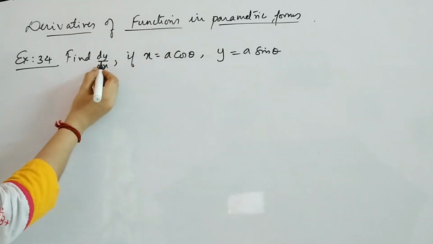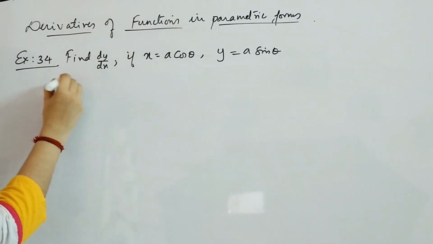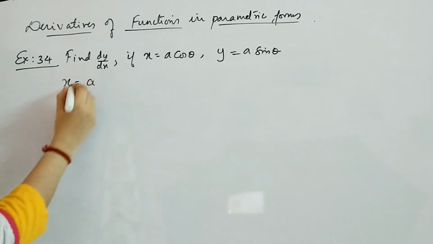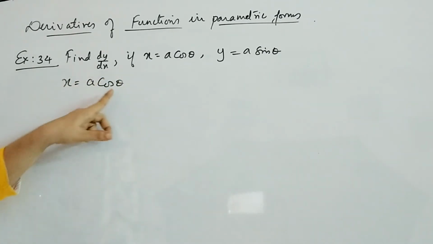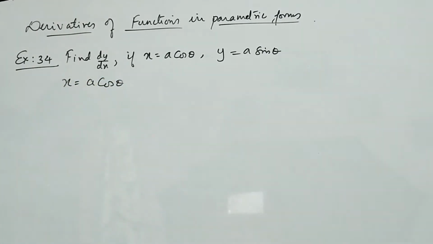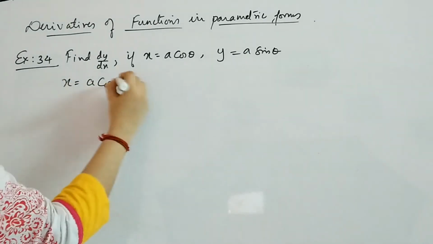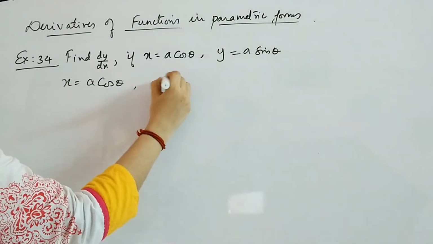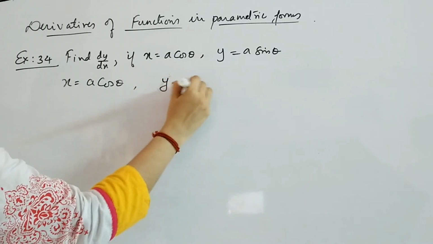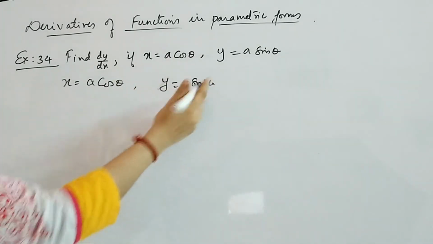Okay, now in order to find out dy by dx, what we need to do is, first we have to find out dx by, what is the parameter here? Theta. Right? So from this you will find dx by d theta, and from y is equal to a sin theta you will find out dy by d theta.